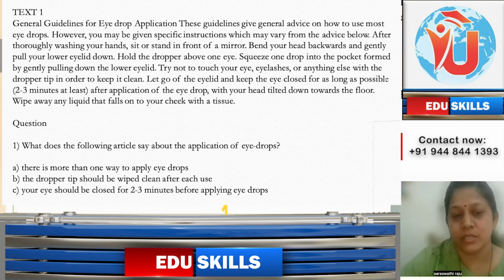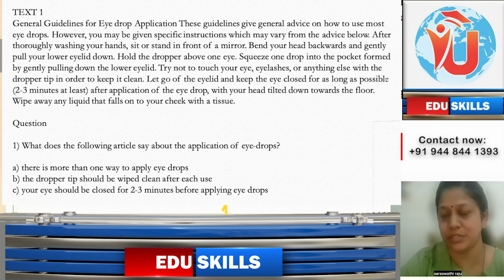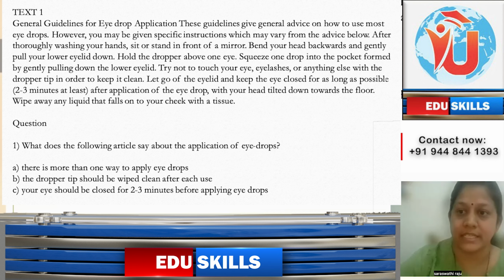Option B, the dropper tip should be wiped clean after each use. So we have to wipe the dropper tip after use. And option C, your eye should be closed for 2 to 3 minutes before applying the eye drops. So 2 to 3 minutes before, these are the keywords here. So we can go to the text now.